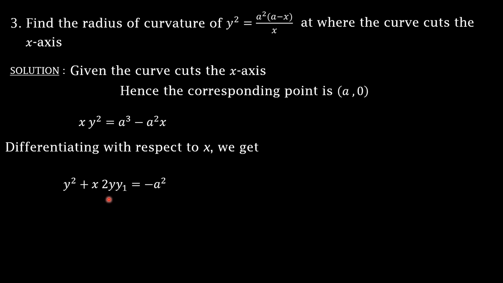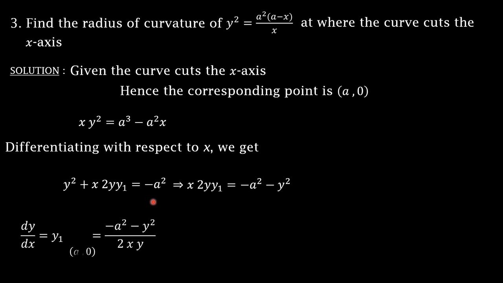It is 2y y1, that is equal to a cube, it's a constant, so its derivative is 0, and the differentiation of minus a square x is minus a square. So just simplify it, so that we are going to get the value of y1 as minus a square minus y square divided by 2xy.